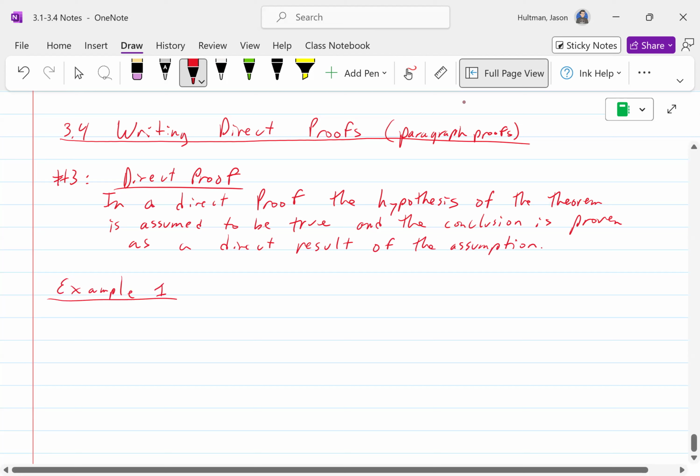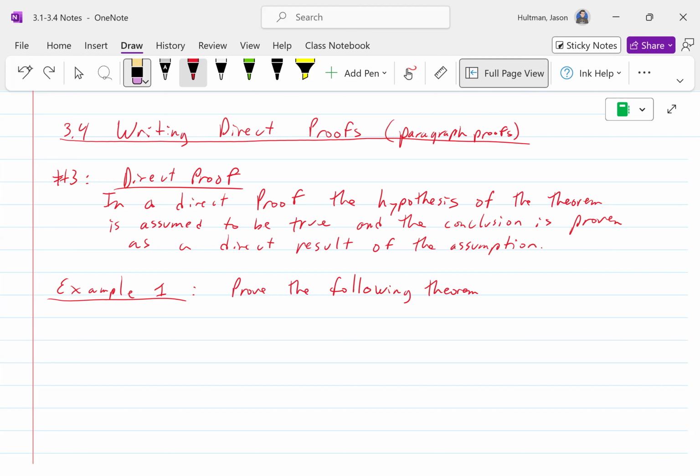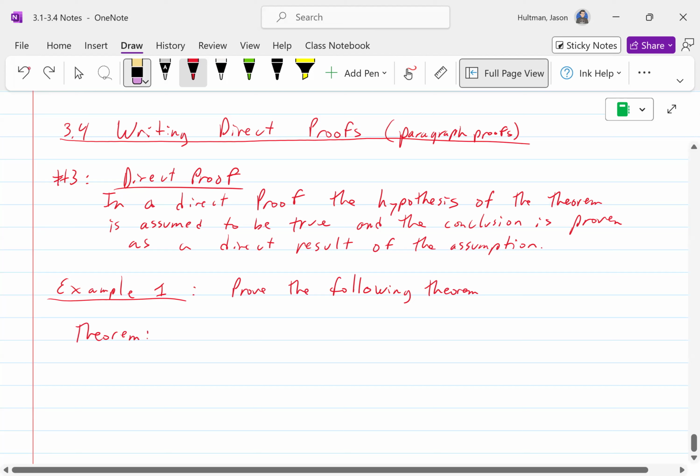Example 1. Prove the following theorem. Theorem: the square of every odd integer is also odd.